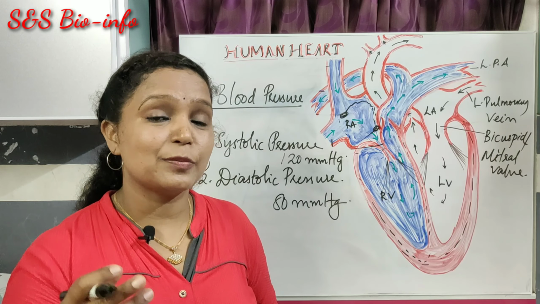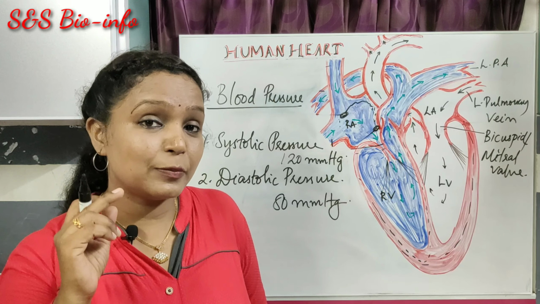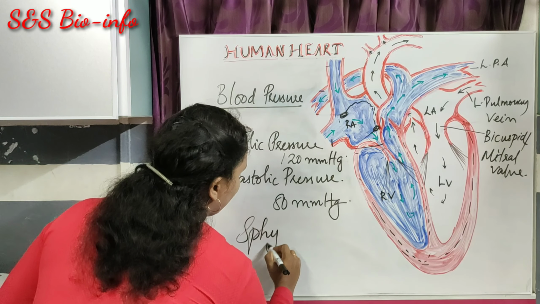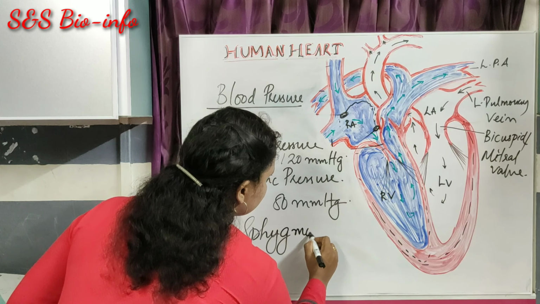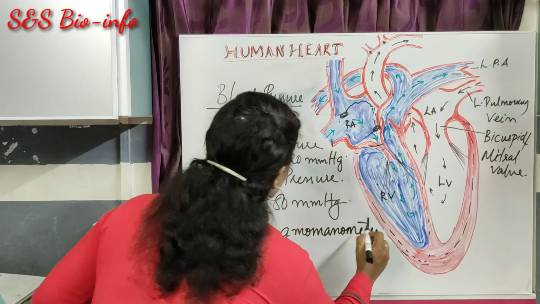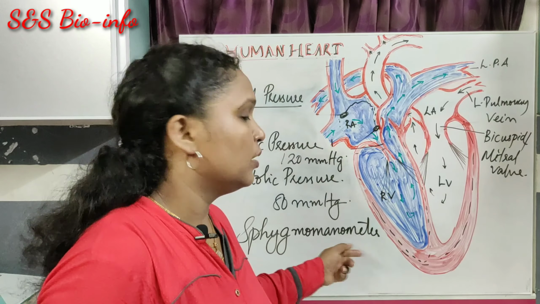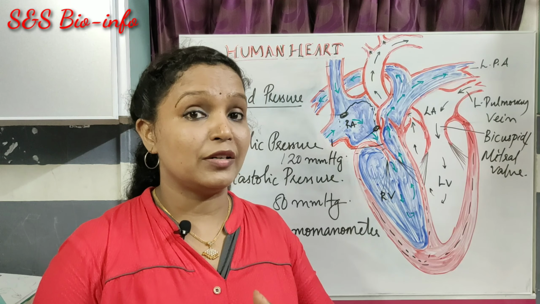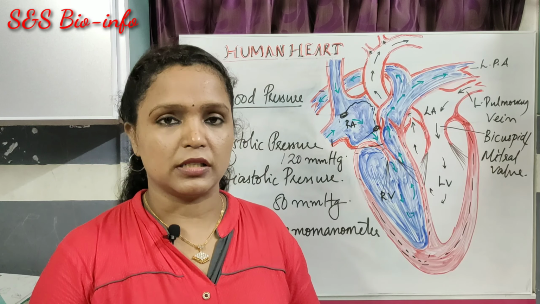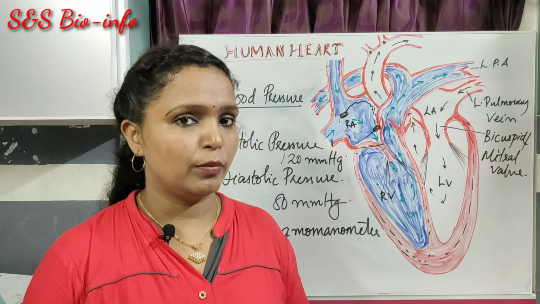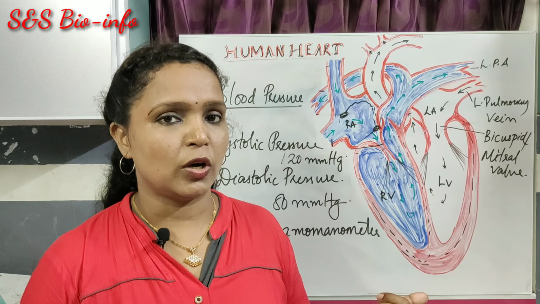Nowadays, blood pressure is measured by an instrument called a sphygmomanometer. Both sphygmomanometer and stethoscope are required for measuring the blood pressure of a person. Now you can see the images of both the sphygmomanometer and the stethoscope.